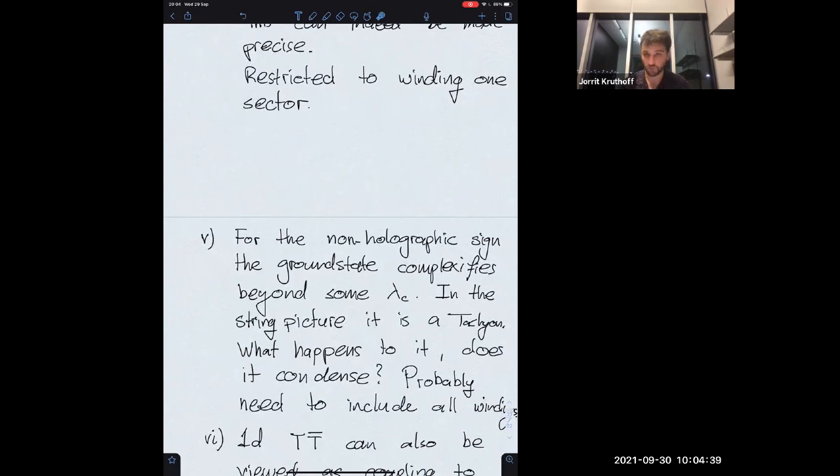I suspect that probably that needs to include all the winding sectors, so that is another complication that you would need to overcome, and that will also reflect the theory when you turn off the deformation.